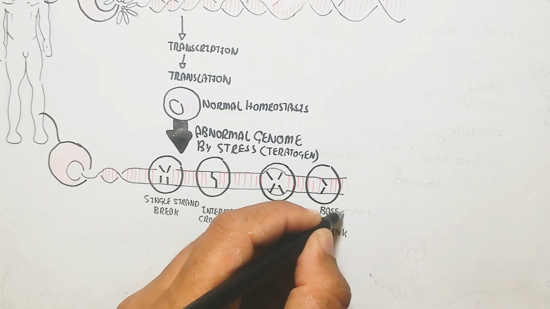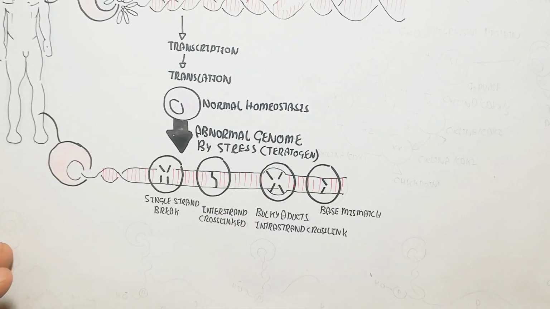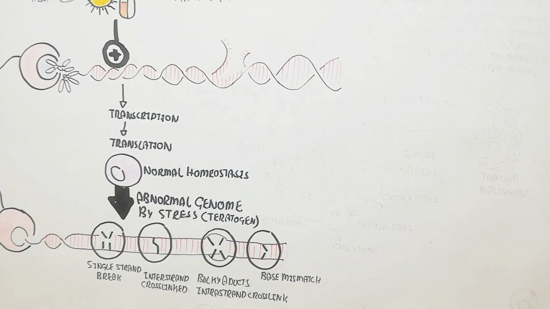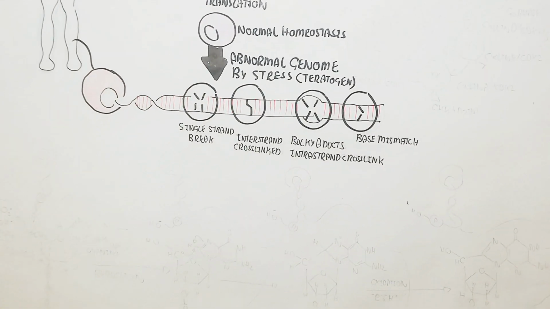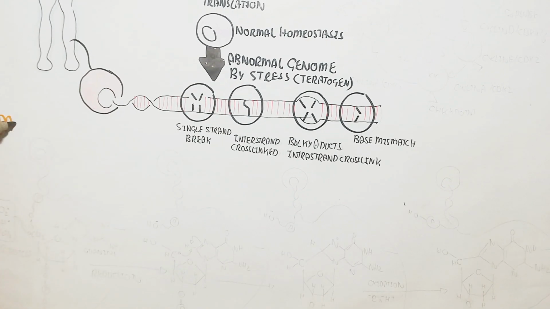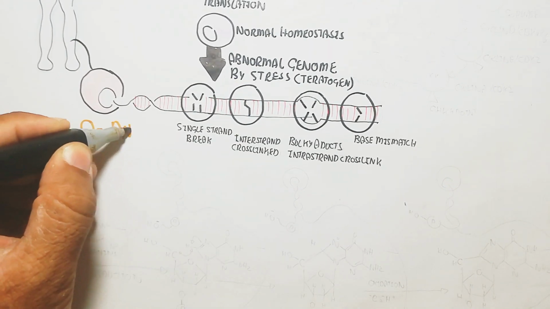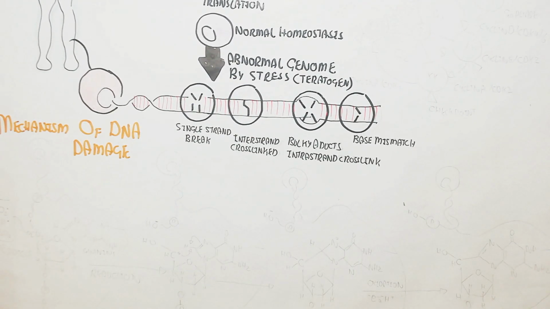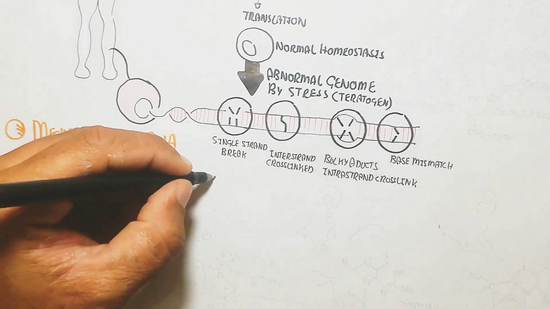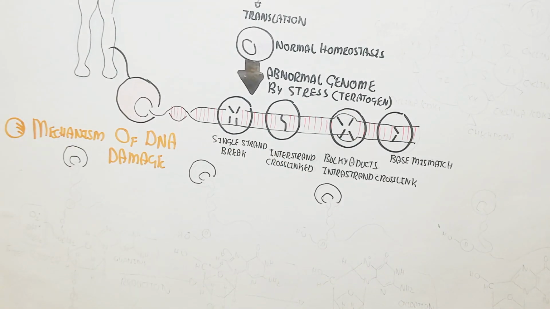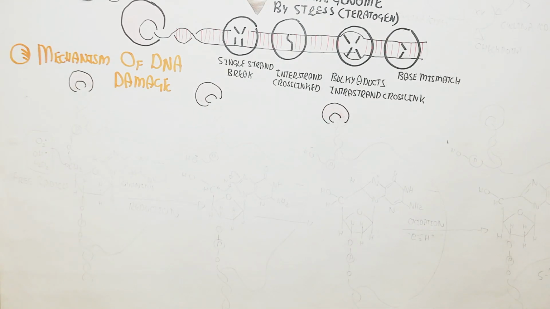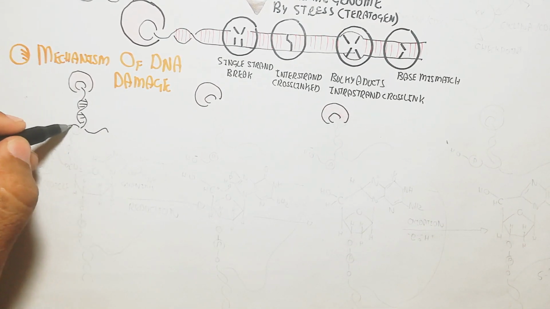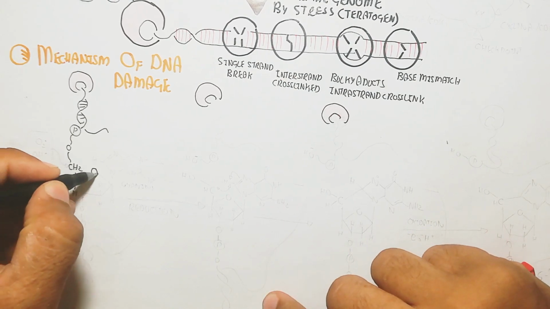Single strand breaks, interstrand cross-links, bulky adducts, and base mismatches are possible DNA damage. We will not cover DNA repair through different enzymes in this video, but in the next video. In this video, we will understand the mechanism of DNA damage.